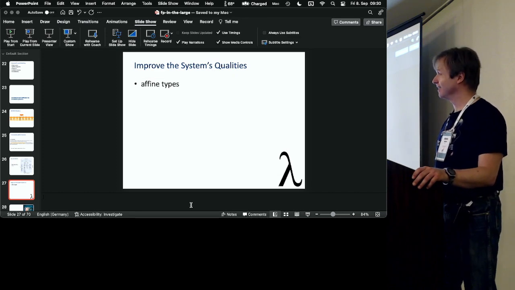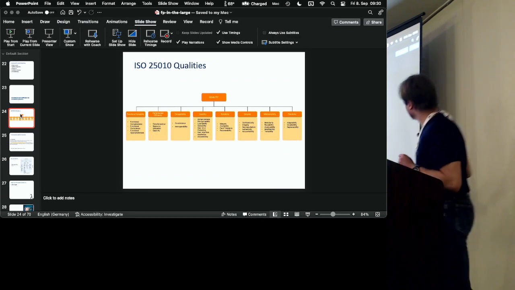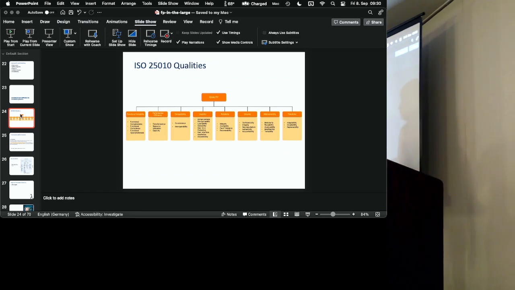I'm still not quite sure what qualities we're talking about. Pick any one, right? They're hard to read. So there's performance efficiency, then there is compatibility, usability, reliability, security, maintainability, and portability. Okay, hang on. What does non-repudiation mean? It's under security, and I'm curious about the meaning of this.